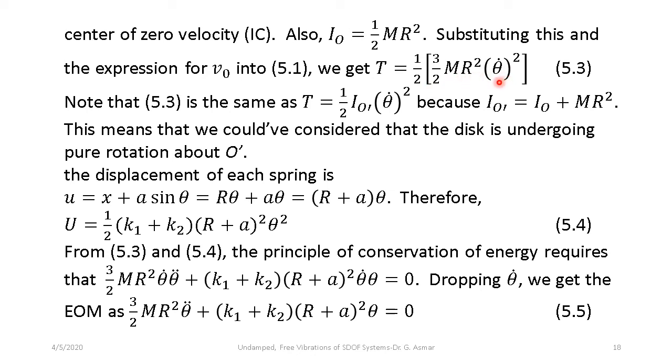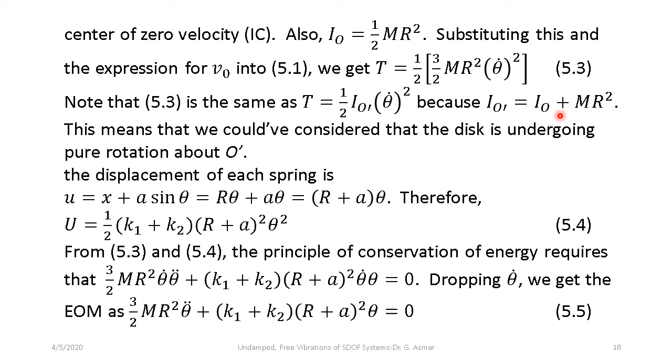Now, if you look at 5.3, this is the same as 1/2 IO prime theta dot squared, because if you use the parallel axis theorem, then IO prime is IO plus mr squared.